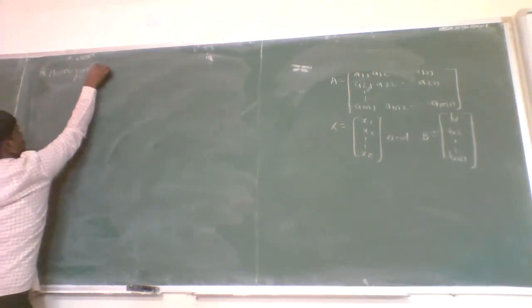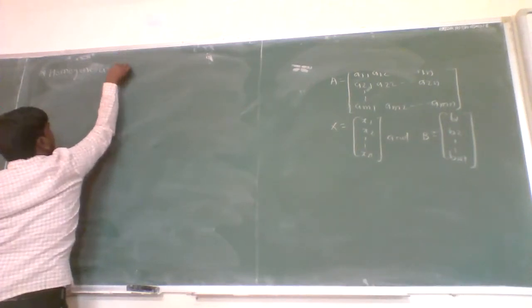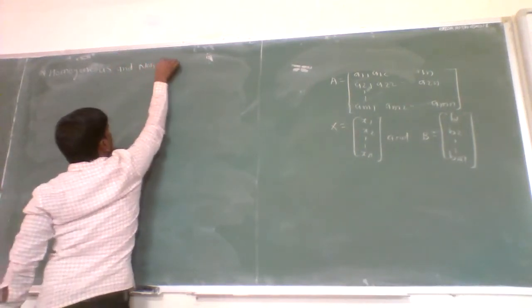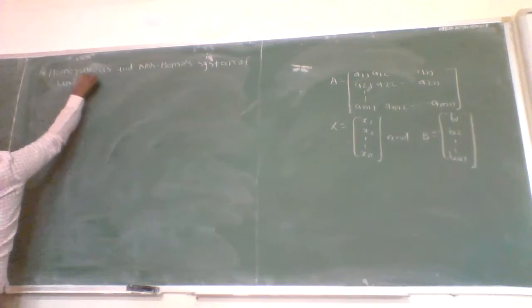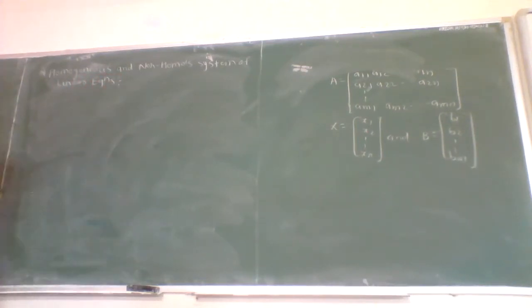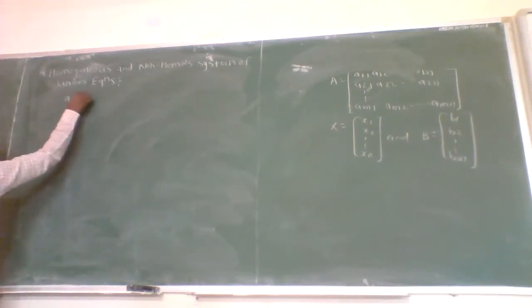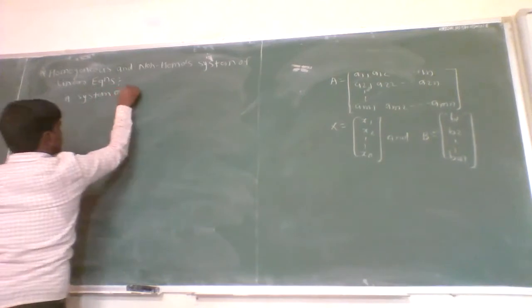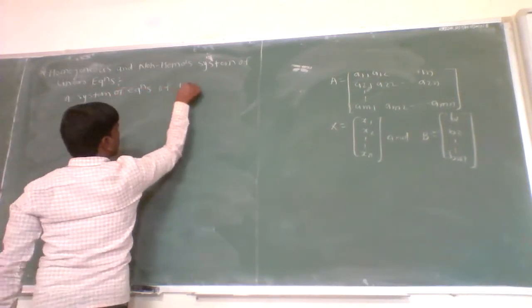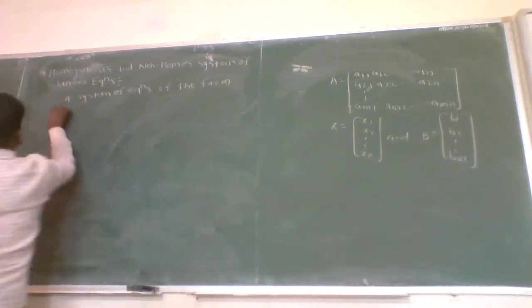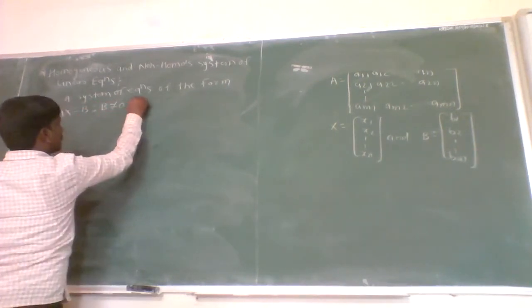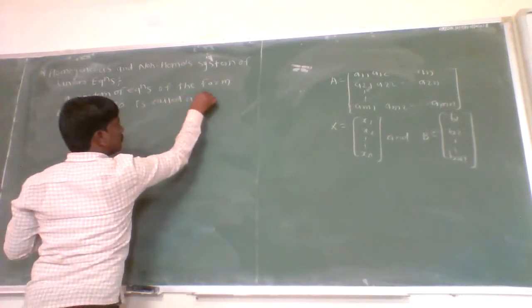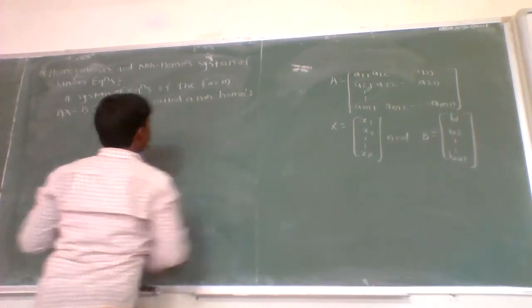A system of equations of the form Ax equal to B, where B is not equal to 0, is called a non-homogeneous system of linear equations.